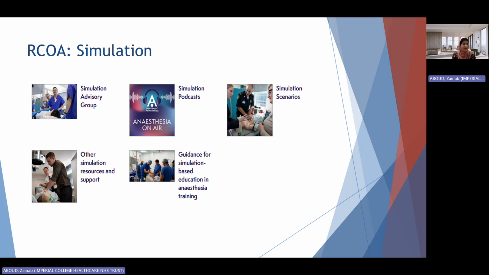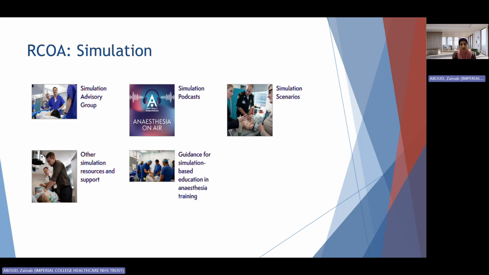Looking at the Royal College of Anaesthetists simulation, this is just a snapshot of what they provide. They have a simulation advisory group which oversees all these activities. They meet regularly, review global standards and the association standards I mentioned previously, and then see if we are in line with that. They have produced simulation podcasts, which are very useful.